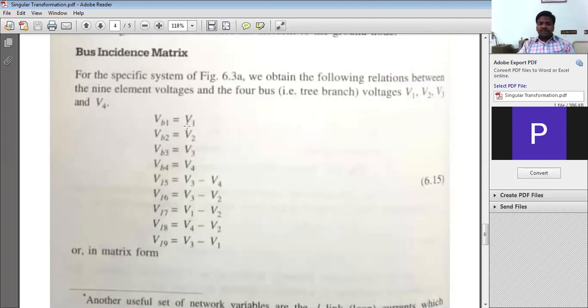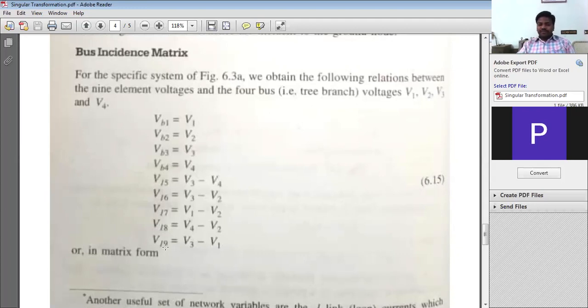Now VB1. Let us consider the first node voltage. So the first bus voltage is equal to V1. The second bus voltage is equal to V2, V3 is nothing but the third bus voltage, and the fourth bus voltage is equal to V4. Now you see here VL5, VL6, VL7, VL8, VL9. What does B stand for and what does L stand for?